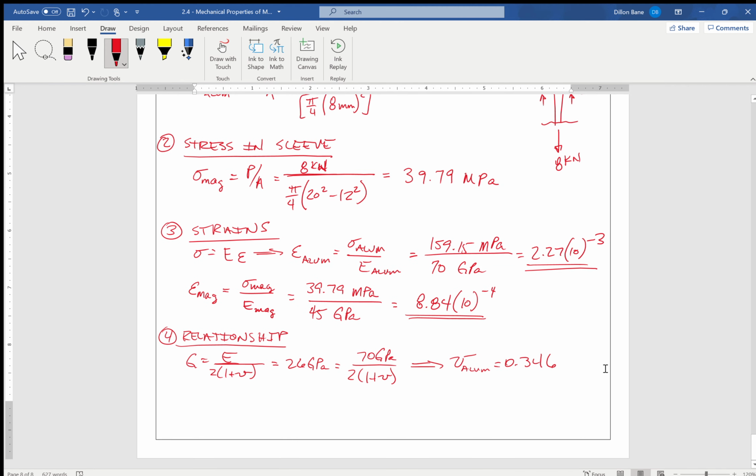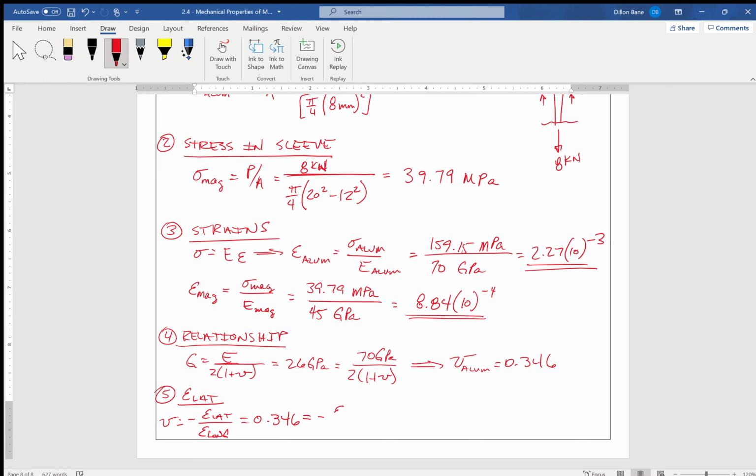So now that we know that, we can take our longitudinal strain, which is this 2.27 times 10 to the negative 3rd, apply Poisson's ratio, and we can find a lateral strain. So we know that nu is equal to negative strain lat over strain long. nu equals 0.346.